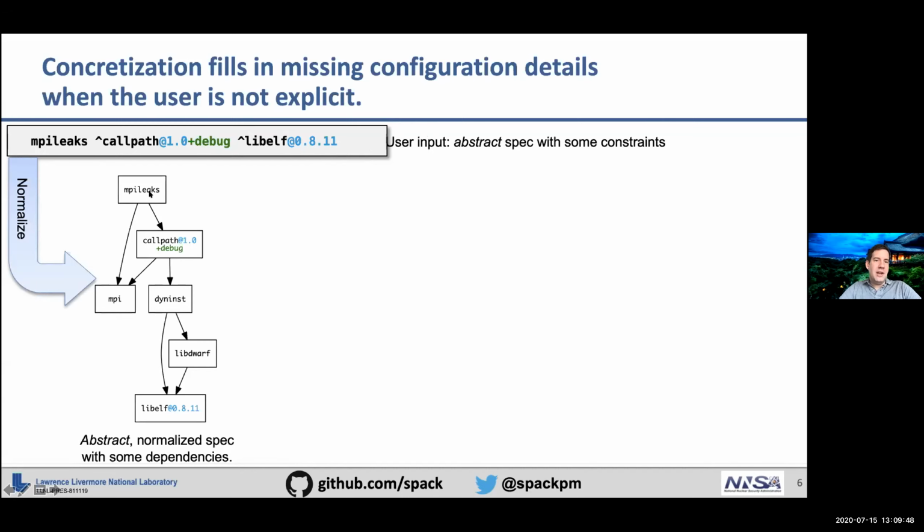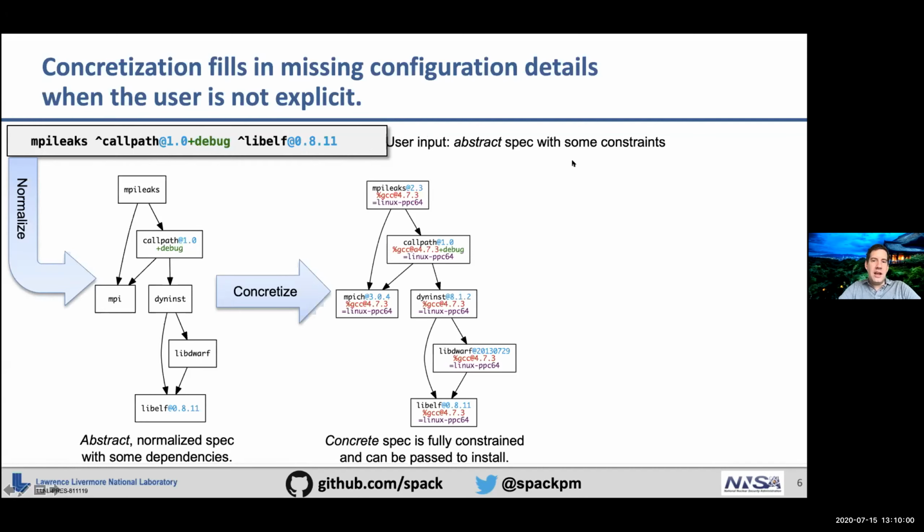And so this is MPI leaks, and you can see that the constraints from the spec have been put on the DAG, and we fleshed it out to include all the dependencies that we know about. As we do that, we then stick it in the concretizer, and that gives us a fully specced out graph. What you're seeing here is every compiler, every version, every option has been set in this DAG. And this is basically what is passed to the template to install.